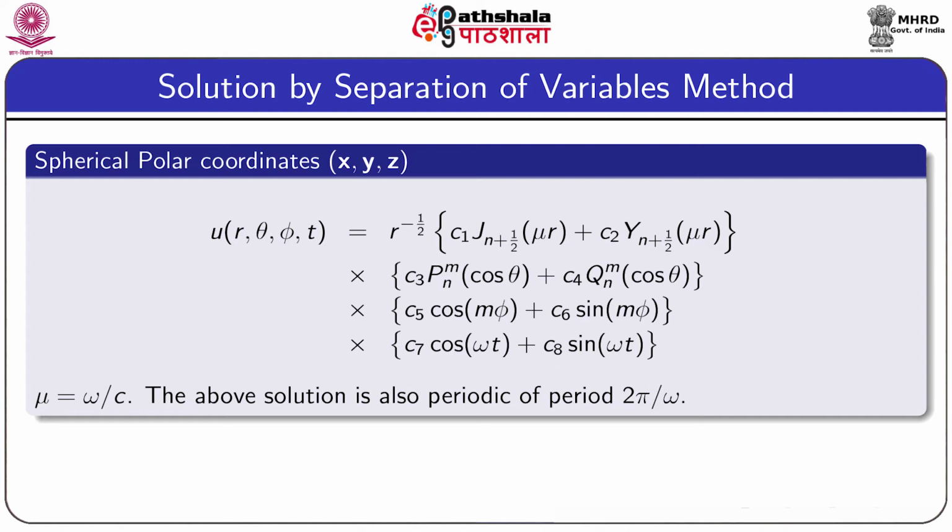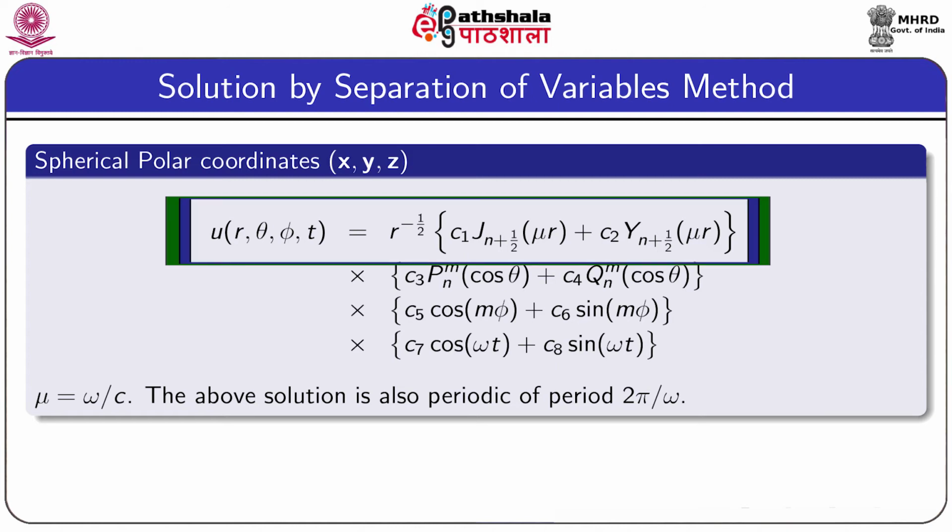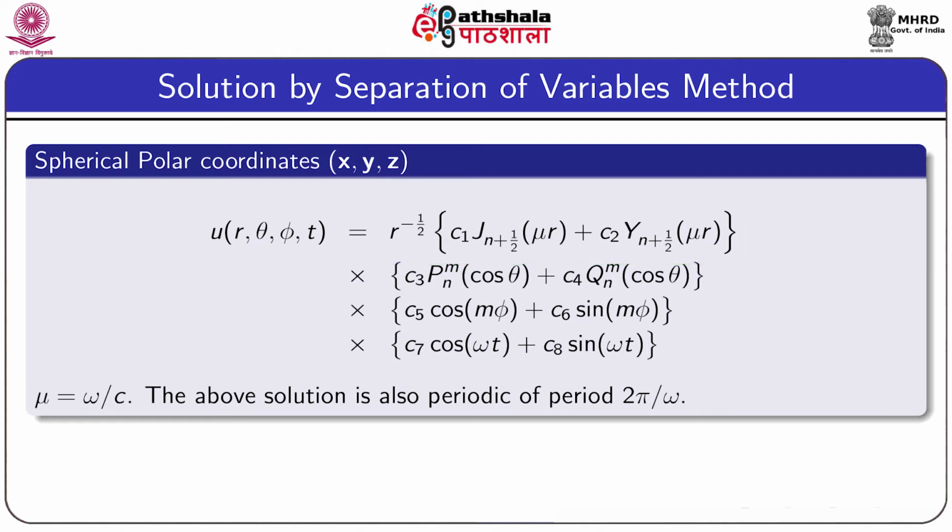So, the general solution for capital S can be written as C1 j n plus half mu r plus C2 y n plus half mu r, where j and y are Bessel functions of first kind and second kind and of order n plus half. Therefore, the solution capital R can be written as capital R equals r to the power minus half into S.